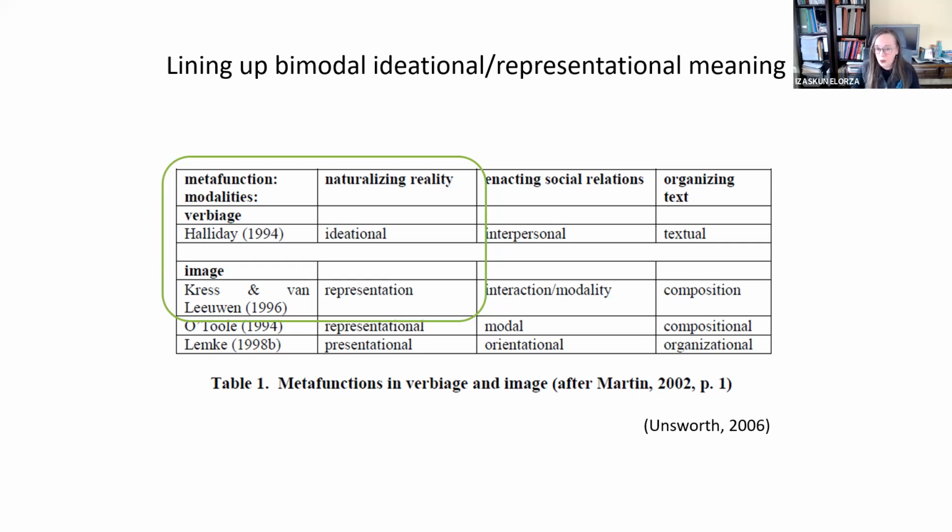And for the visual, the representational meaning, as Kress and Van Leeuwen called it, I'm relying mainly on Kress and Van Leeuwen, and also on other scholars, as we'll see later, who have developed this work, particularly for picture book analysis, mainly Claire Painter, Jim Martin, and Len Unsworth in Australia.